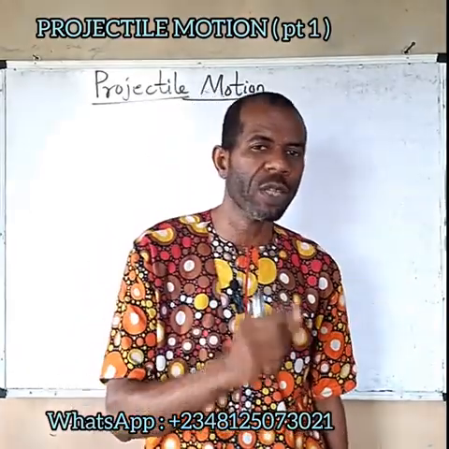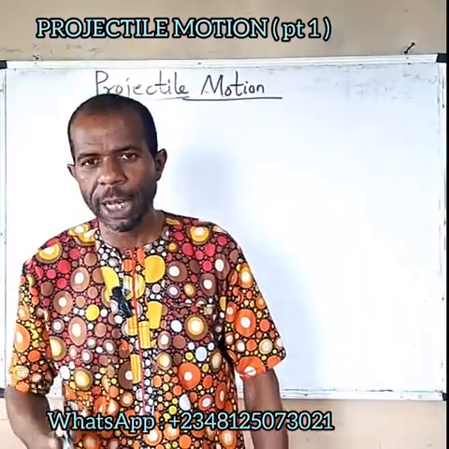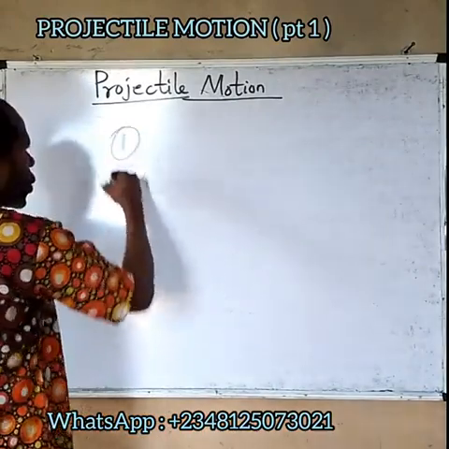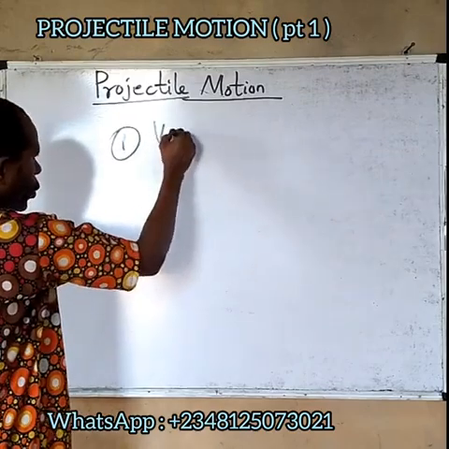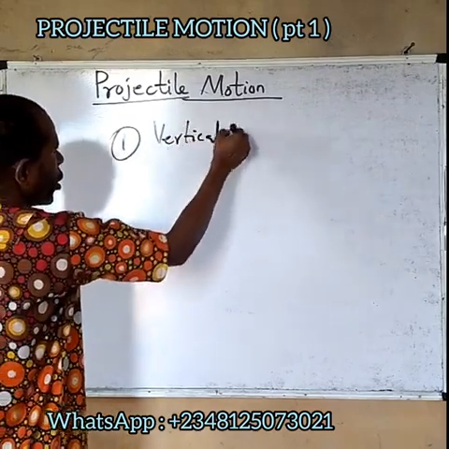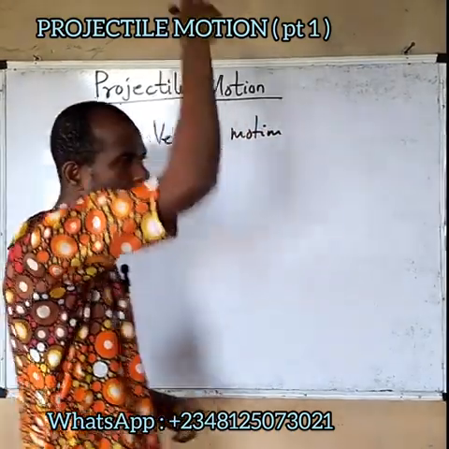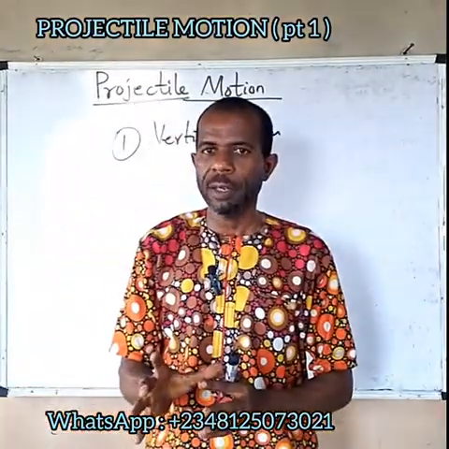Now, for us to understand this projectile fully, we are going to first of all look at case one, when an object is launched vertically upward. That is where we have vertical motion. So we consider a projectile in that way.